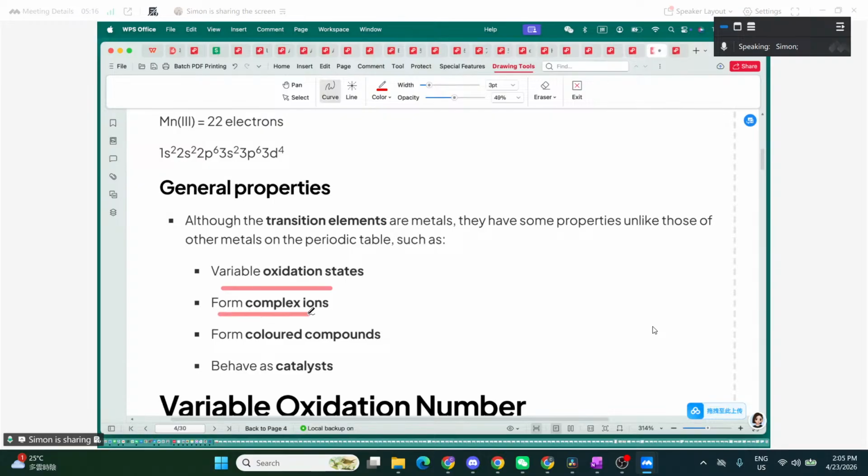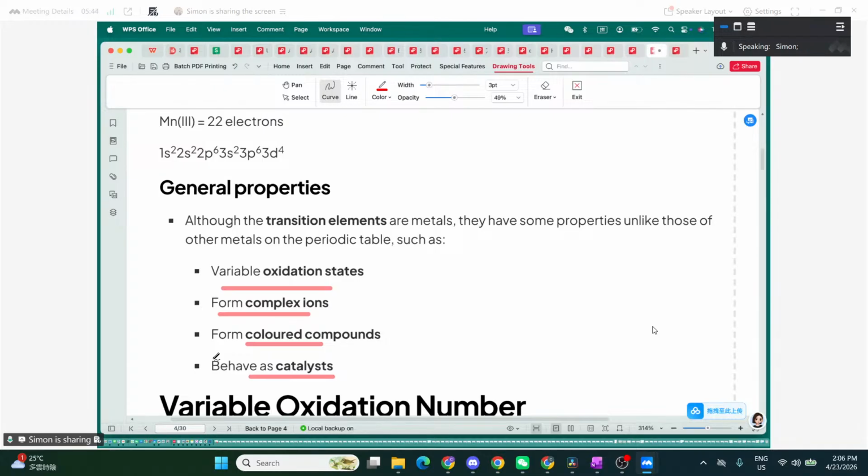Second, they form complex ions. The third is forming colored compounds. And the fourth is that they may behave as a catalyst. Understand? These four properties are for the transition metals, and other metals may not have them.